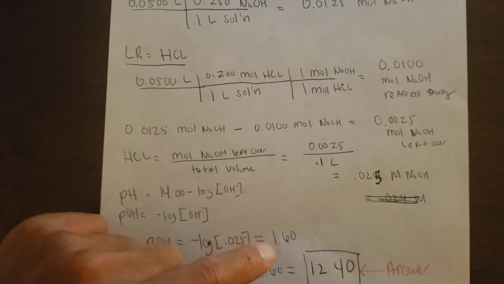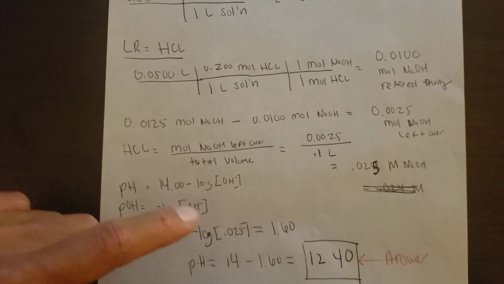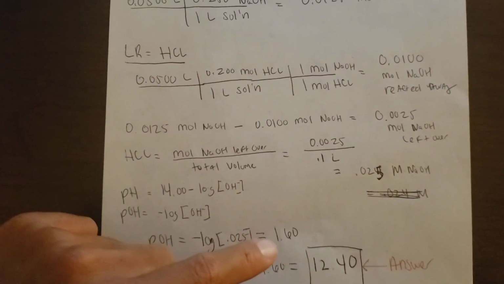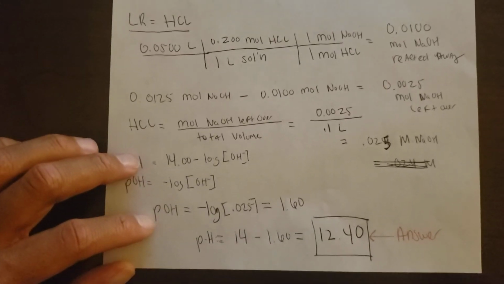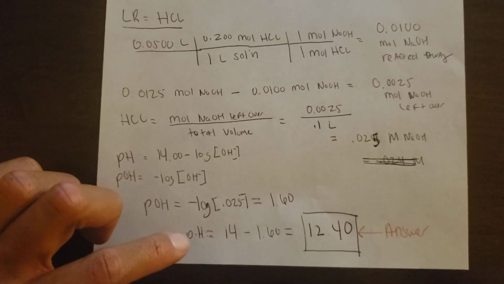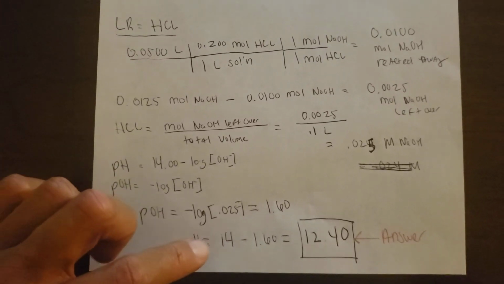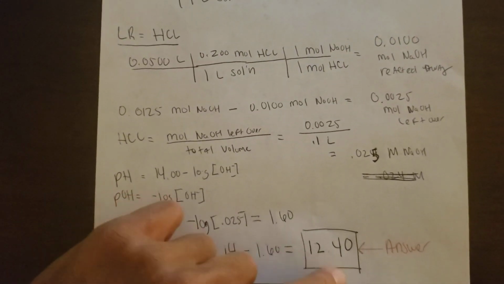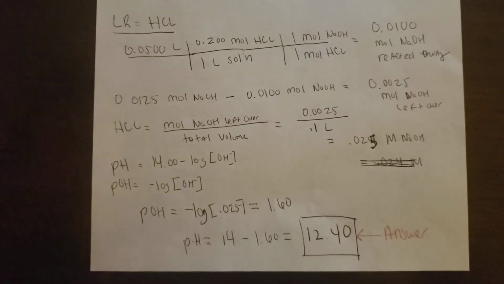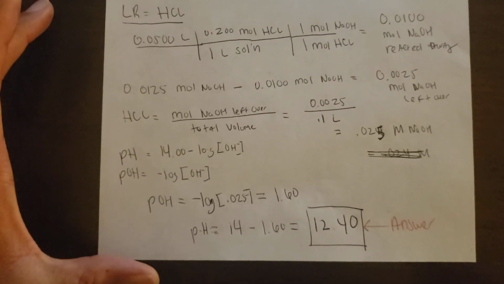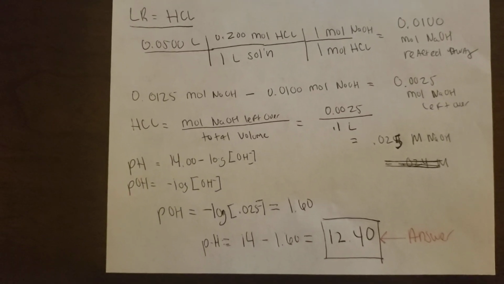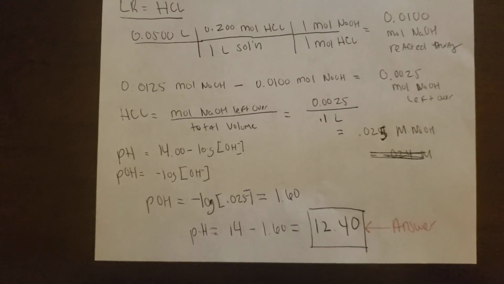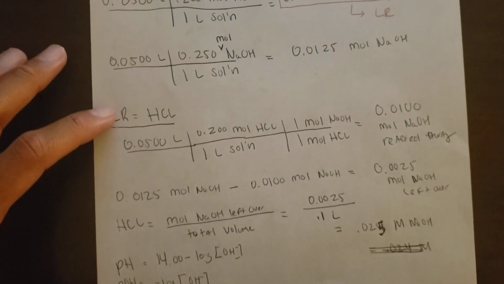That 1.6 is not your answer. However, to get your answer, the pH in this situation will be equal to 14 minus 1.6, which equals 12.40. And that is our pH for this problem, using sodium hydroxide as your excess.